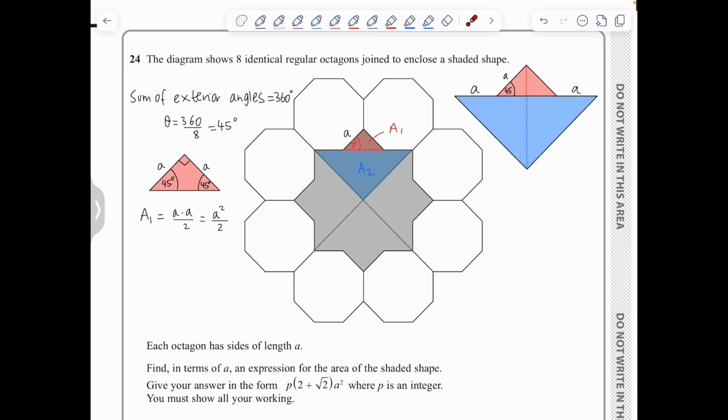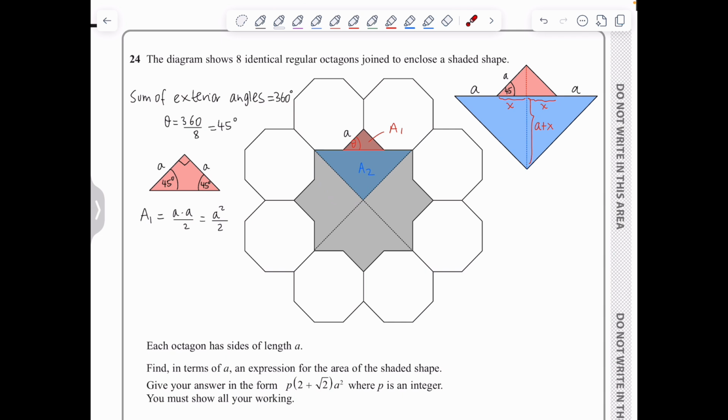Well, I will call this distance here x, so this is also x, and this here is simply a plus x, because if we look at the triangle here, this height here is simply the a plus the x, which is this distance here. So a plus x is the height of the blue triangle.